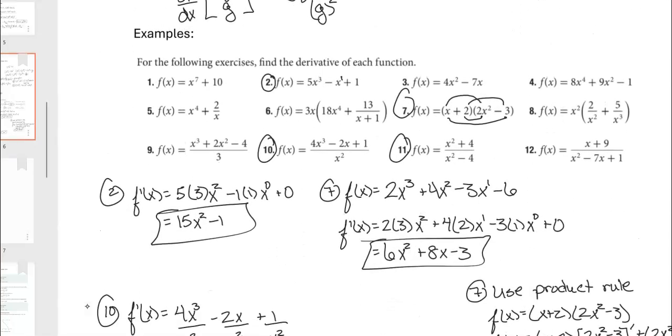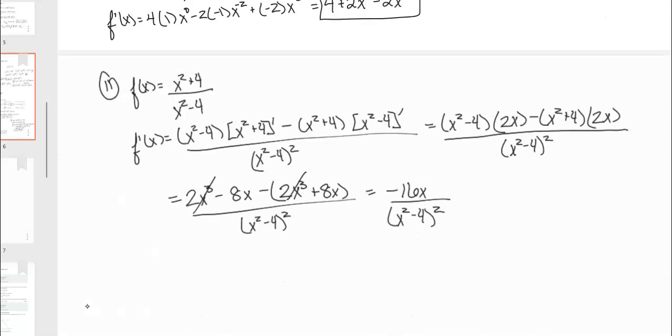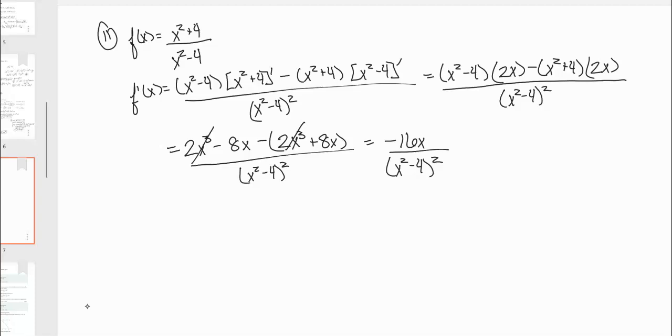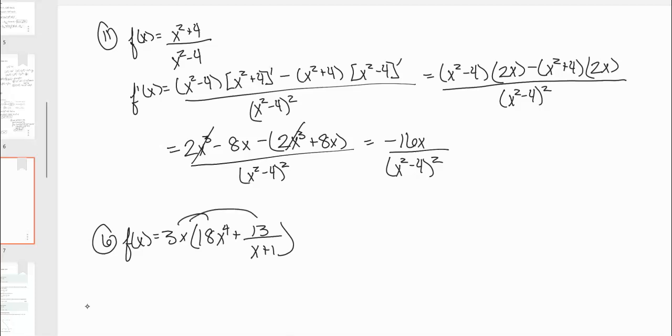And then now we could go back and do something like number 6. So I'm going to copy that problem down here. So what I would want to do is distribute here.